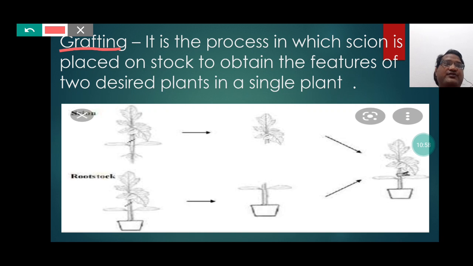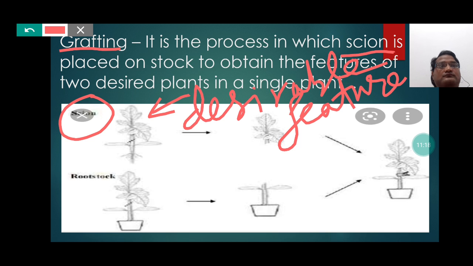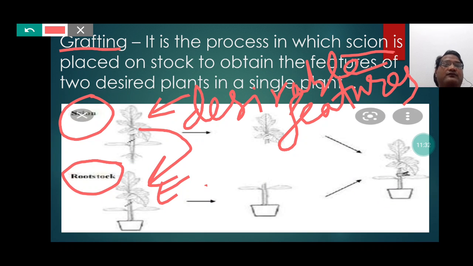which here we can notice is the scion from the first plant which is having desirable features, and the other plant where the root has been taken as the stalk is also having the desired features. So students, here we can notice that the scion is being transplanted on the stalk.